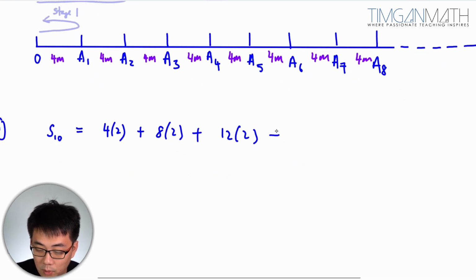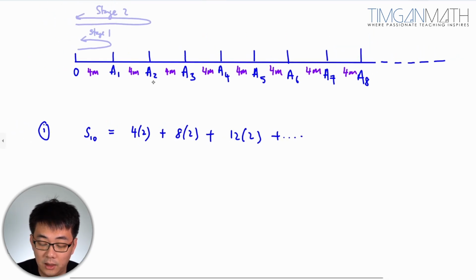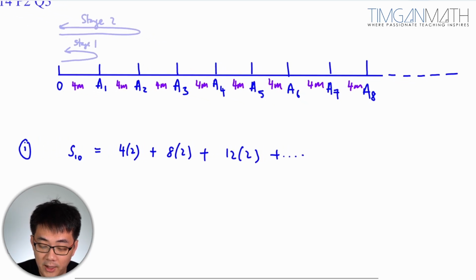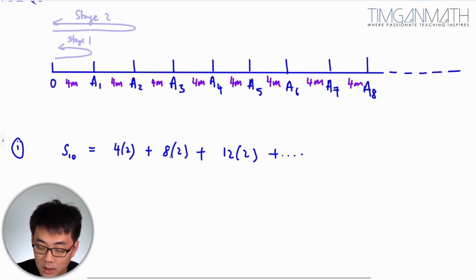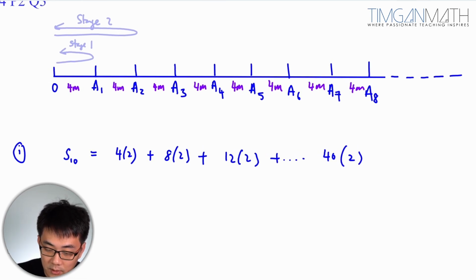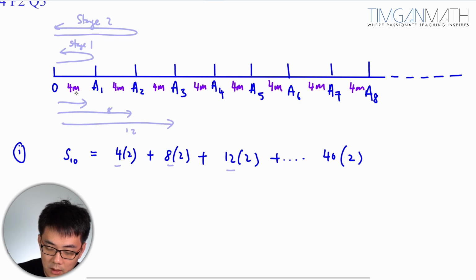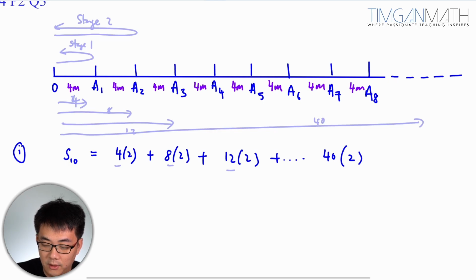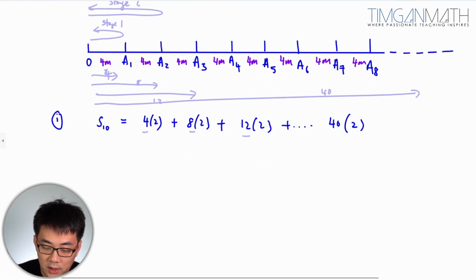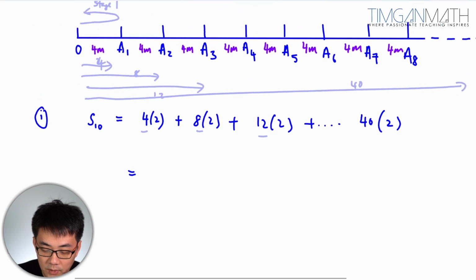We want until the 10th stage, so this is the first stage, second stage, and 10th stage. The 10th stage is 40 times 2, because this is 4, then this is 8, then this is 12. Of course the 10th stage we know will be 40, multiplied by 2.